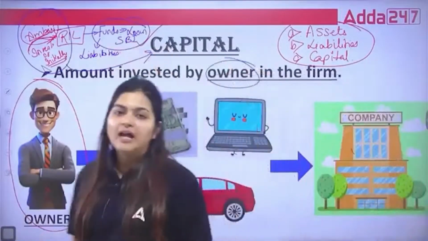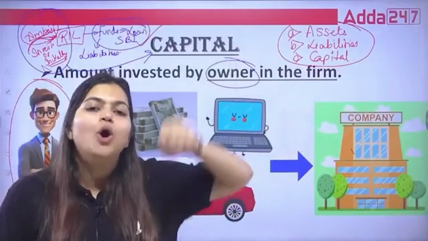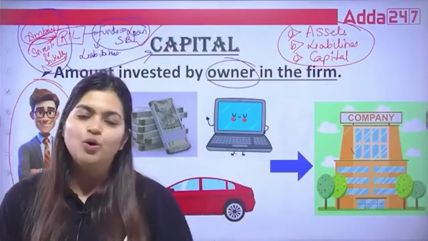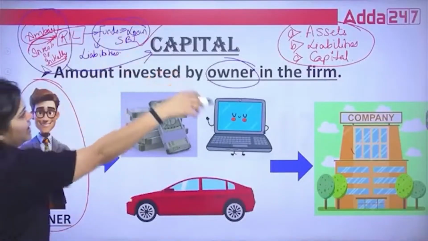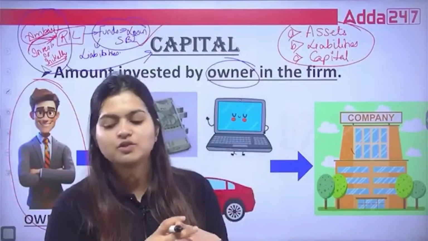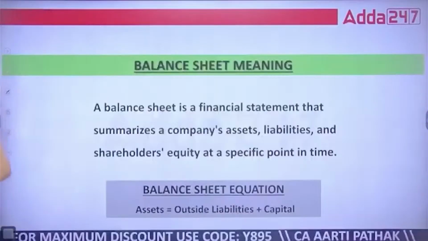Under liabilities, we have borrowing from someone, from a third party, not from the owner. But both capital and liabilities are going to be together. You need to add them together. Chaliye, so let's talk now about the balance sheet equation.